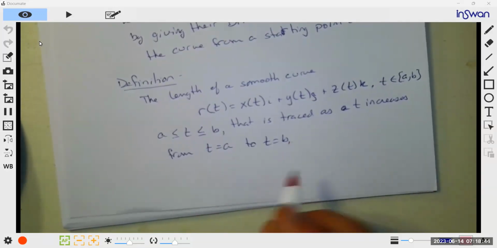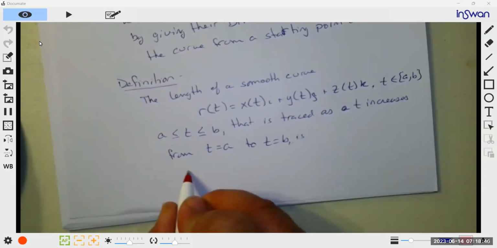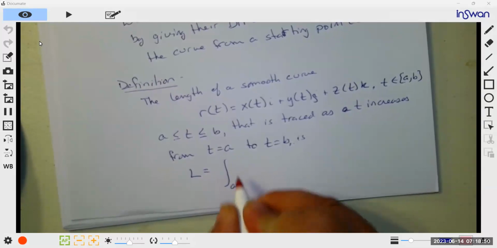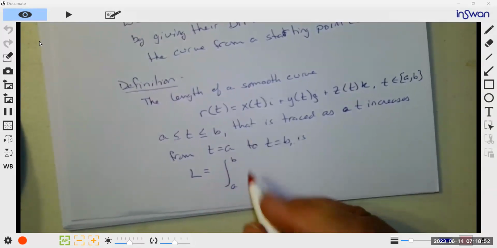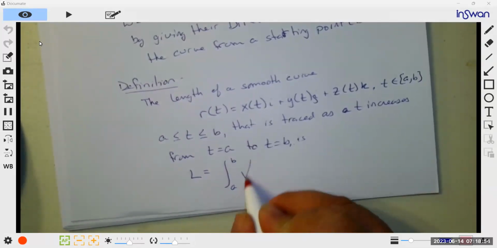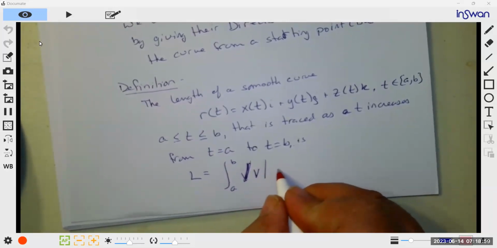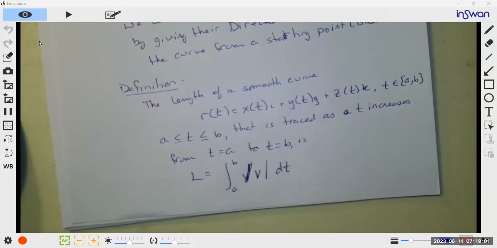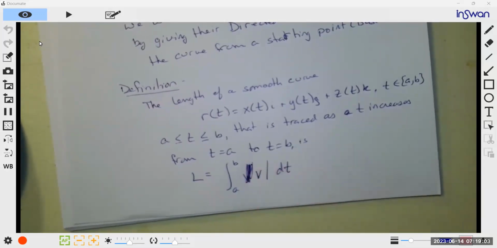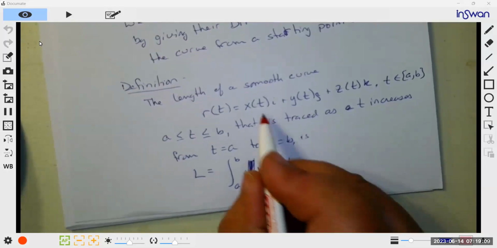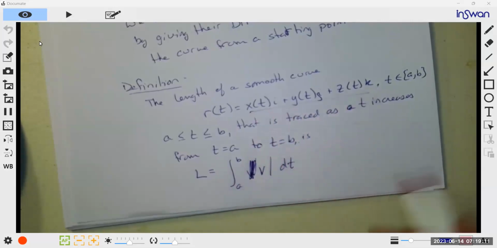So we define the length as the integral from a to b, since it's a closed curve, of the magnitude of the velocity vector with respect to t.